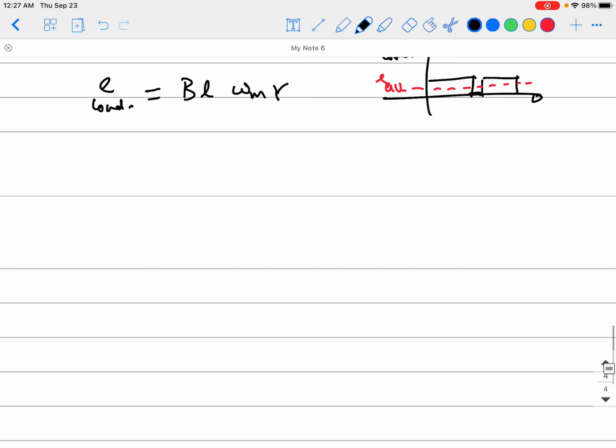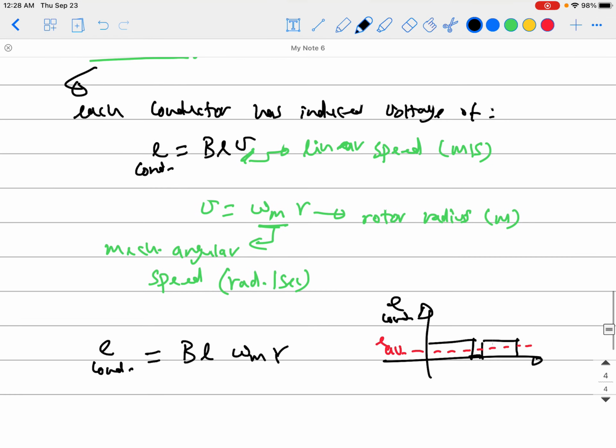So this E average per conductor will equal B average, because it's coming from the flux density. If the flux density is continuous like this, DC, this will give you the idea, B L omega M R. Remember, I'm talking here about just one conductor, and we did nothing new, just the equation E equals B L V we've been talking about a lot before.